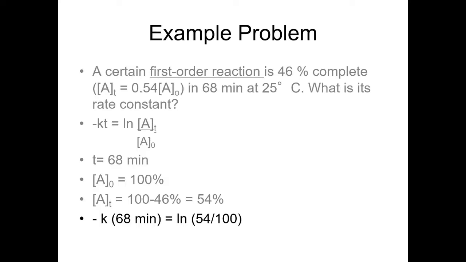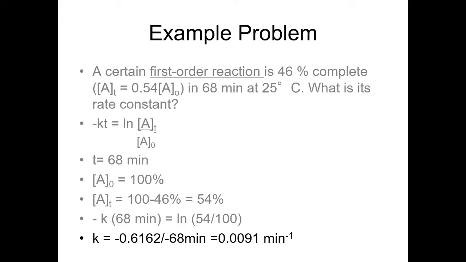So I can do 54 over 100. Either way, I end up with 0.54. Now notice that I have 54 over 100 in parentheses.